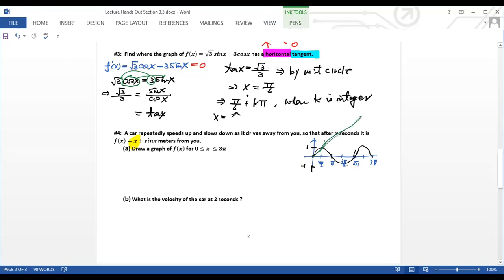Okay, so when you add them together, the graph is going to go somewhere like this. So this is pi, 2 pi, 3 pi. The line is going to go somewhere like this.